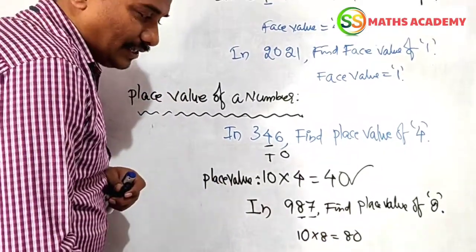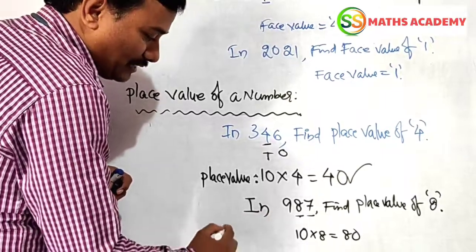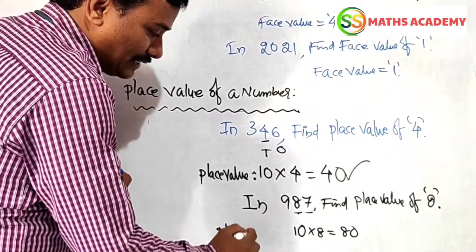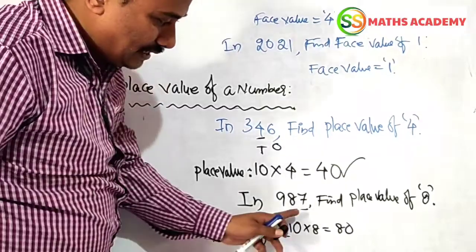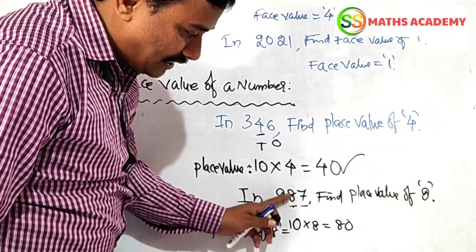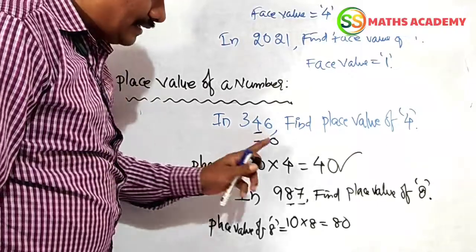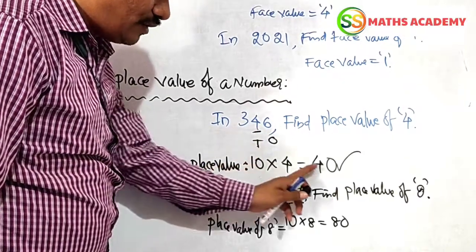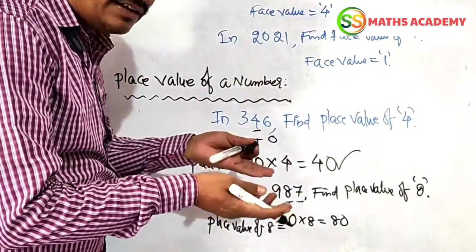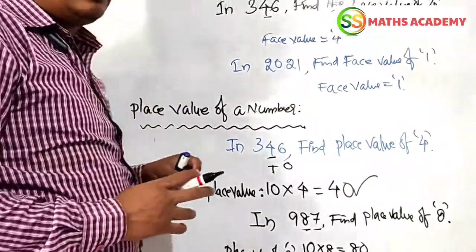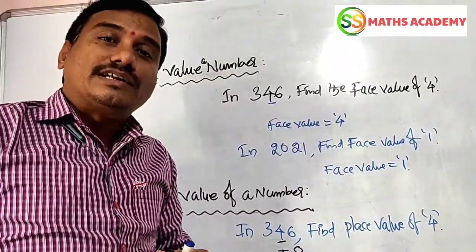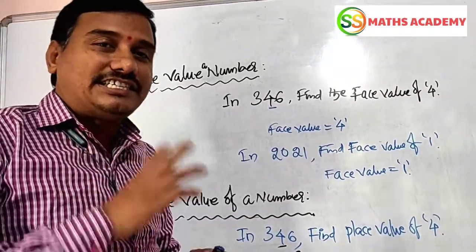Okay, understand? This is the place value of 8. The place value of 8, which is in the tens position, is 10 into 8, 80. Here, tens position, 10 into 4, 40. You can take any number with respect to its place position. We have to write the answer without any tension.